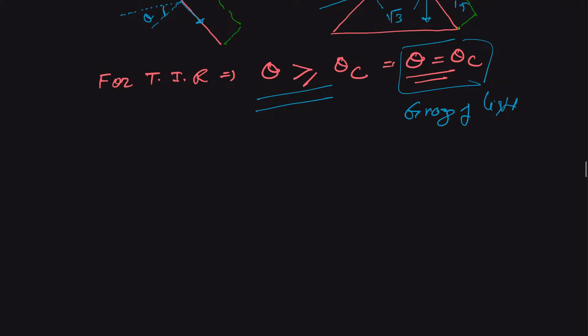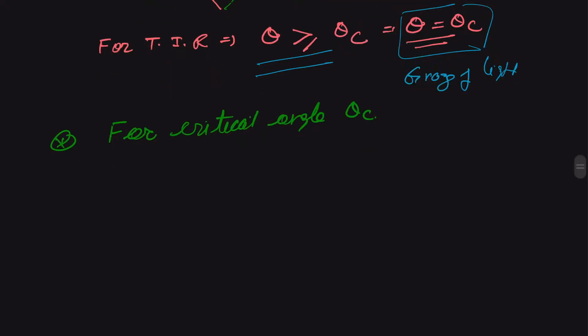So for critical angle theta c, we can say that sine of theta c will be equal to n2 upon n1, and this will be equal to 1.5 upon square root of 3.